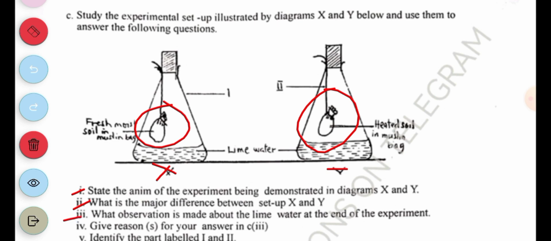III says, what observation is made about the lime water at the end of the experiment? For setup X, the lime water will be cloudy, but with setup Y, the lime water will remain clear.